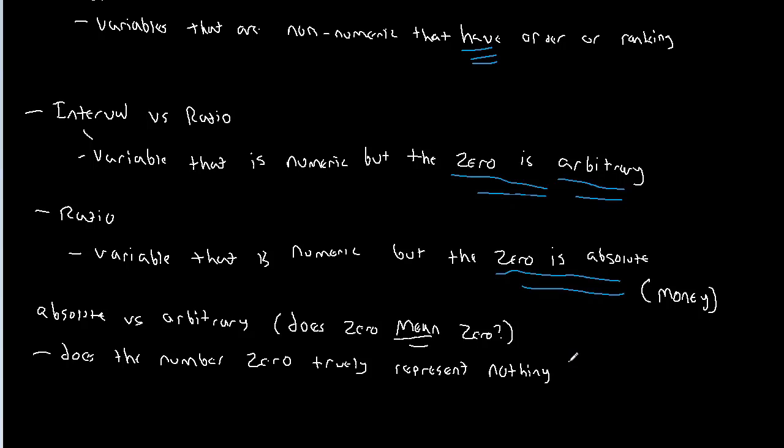But does that mean that there's no heat left or no temperature left? Well, of course not. You can go into the negatives. Temperature can go below 0. And in that case, 0 doesn't mean that there's nothing left. It just is a placeholder. So a good example of interval data is temperature.